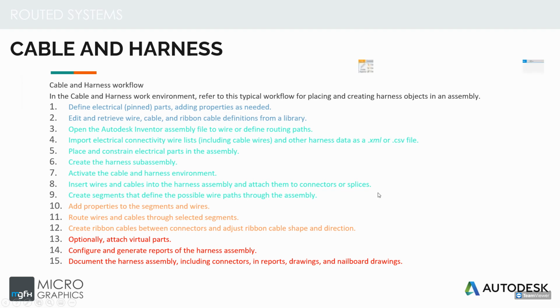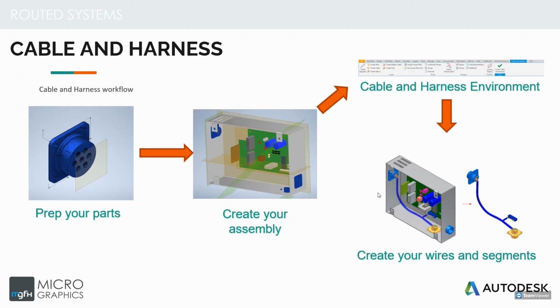In general, to summarize what I just said, it's going to be prep your parts. Again, that's the very important part, because you got to know how to prep your parts correctly so that they work with the cable and harness environment.